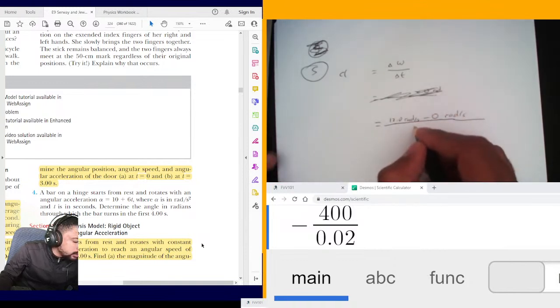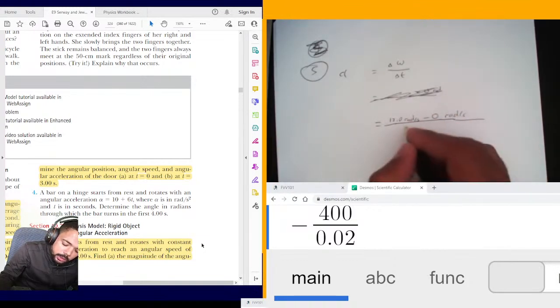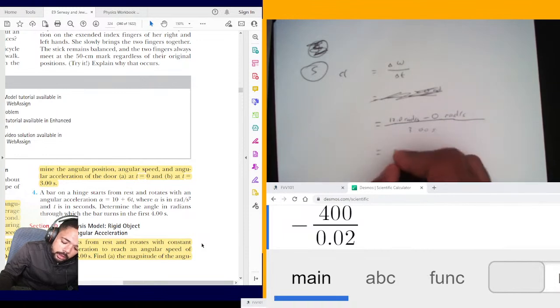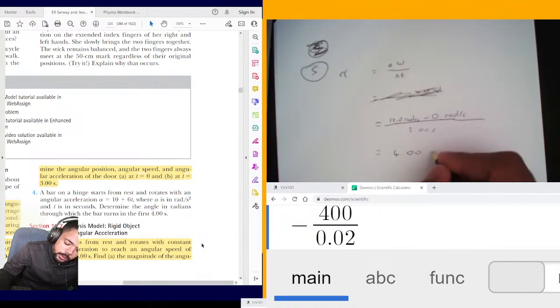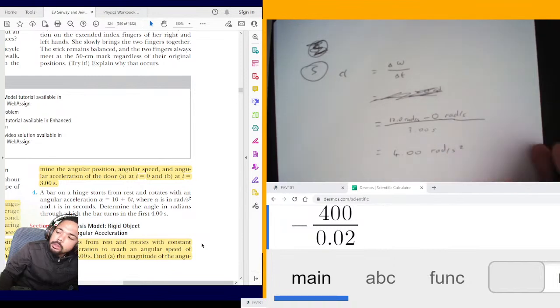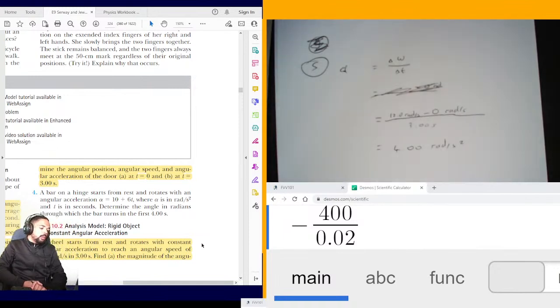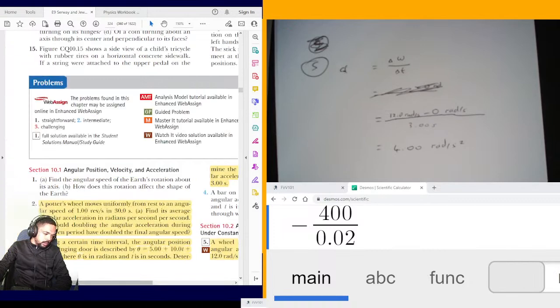It goes from 0 to 12 in a time frame of 3 seconds. So 12 divided by 3 is 4 radians per second squared. So this is the angular acceleration of this wheel: 4 radians per second squared.